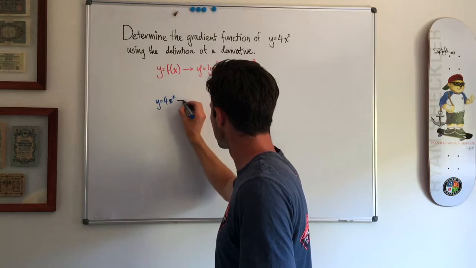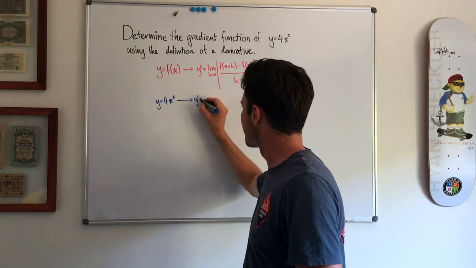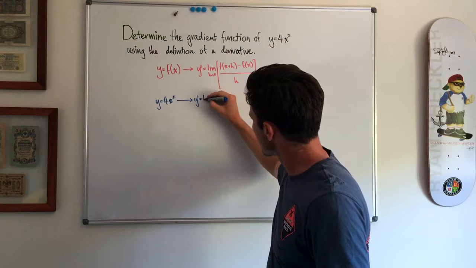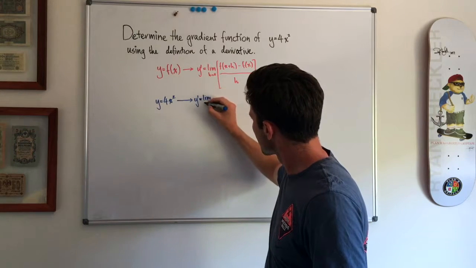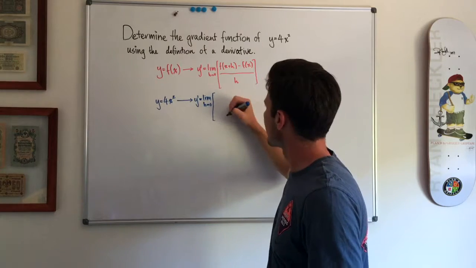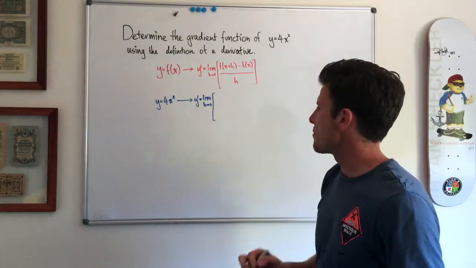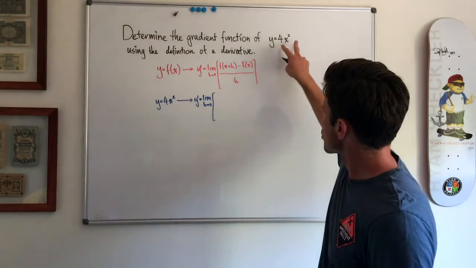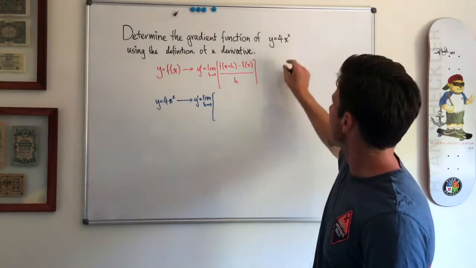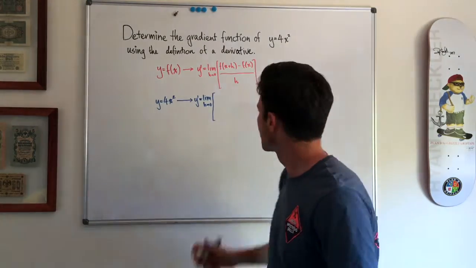So our derivative y prime is going to be equal to the limit as h tends to 0 of the function at x plus h. Now what that means is we get the structure of our function, but where we see an x, we substitute in x plus h.